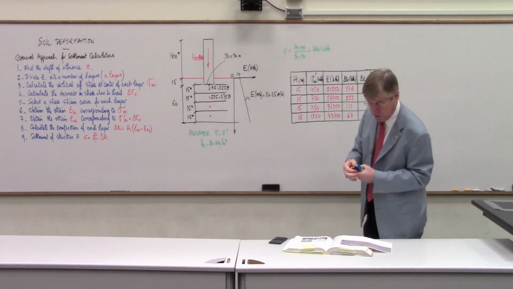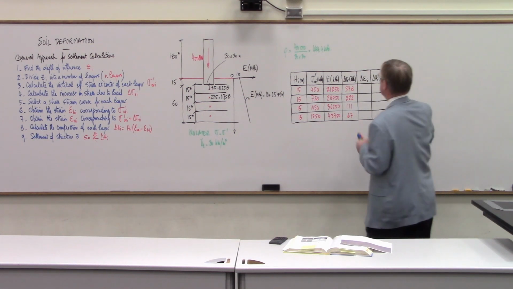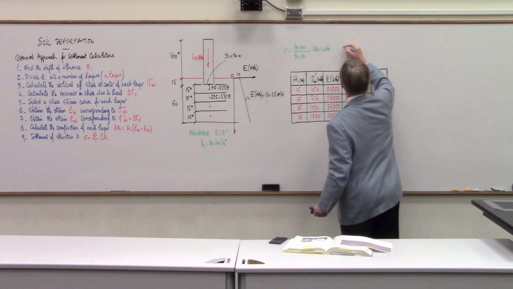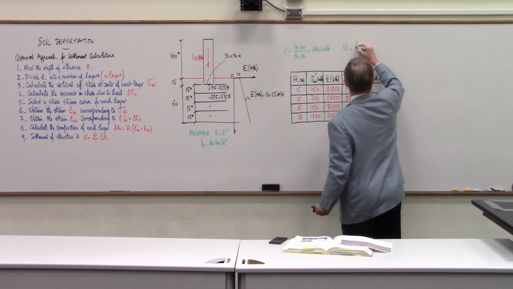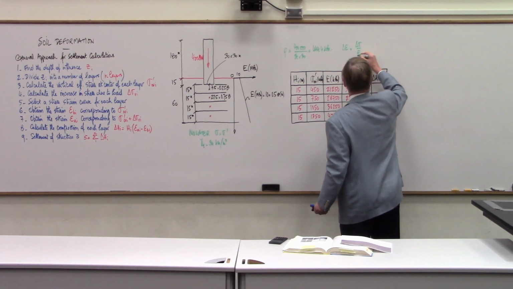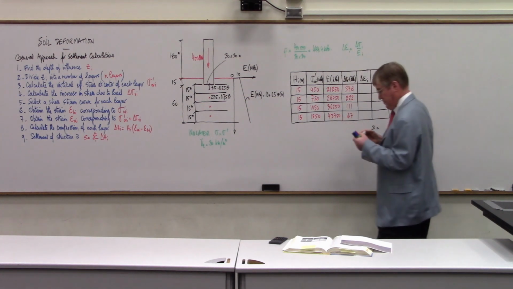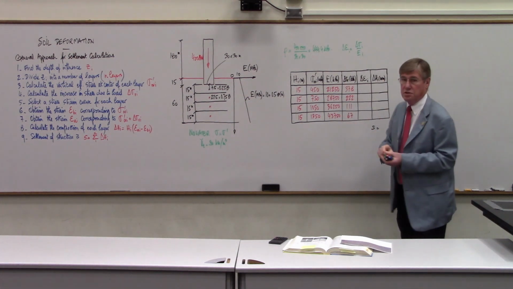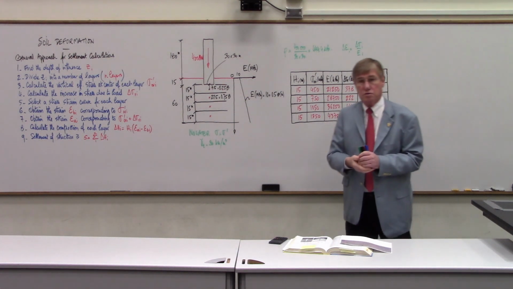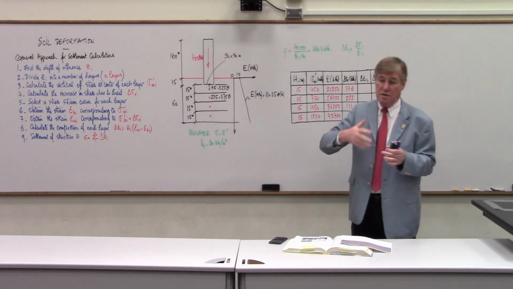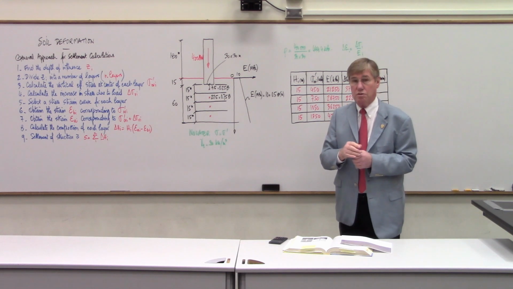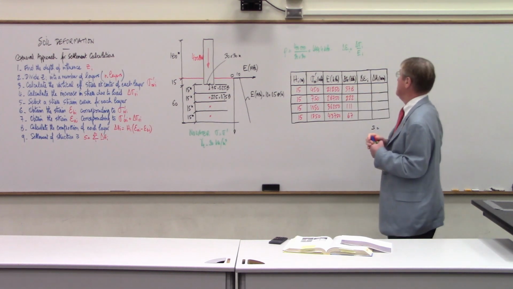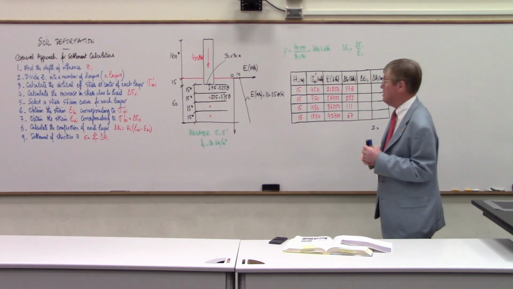So the change in strain is going to be delta epsilon, and delta epsilon is delta sigma over E. So I put some I for each layer. And this is a simplification because remember earlier in the course I said the modulus is not directly related to the change in that particular normal stress, but there is an effect of the confinement.